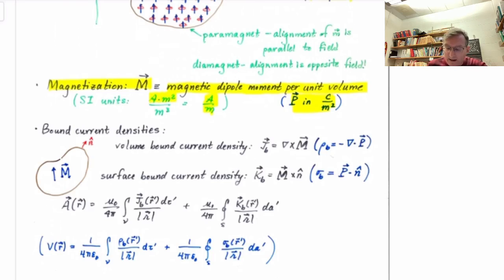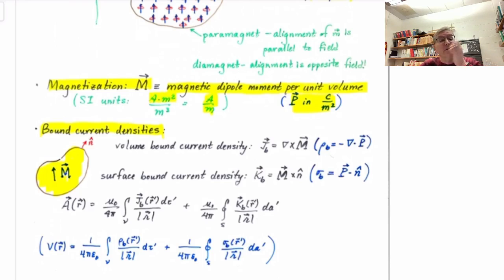Now we want the magnetic version of that because we have a magnetization. That's going to create what we're going to call bound current densities. So here's a chunk of matter that's got some magnetization throughout it. It may or may not be uniform within there.